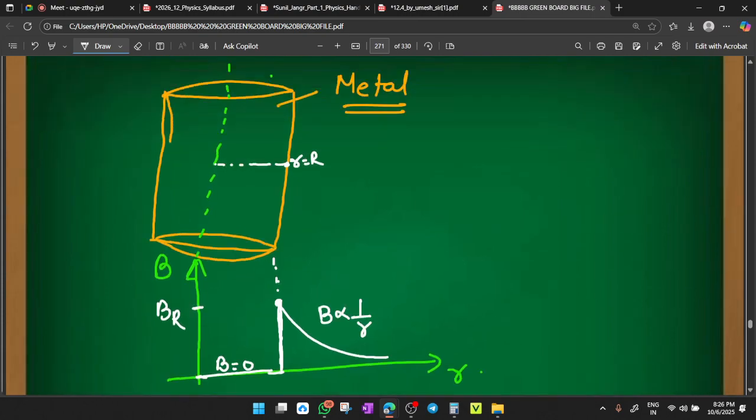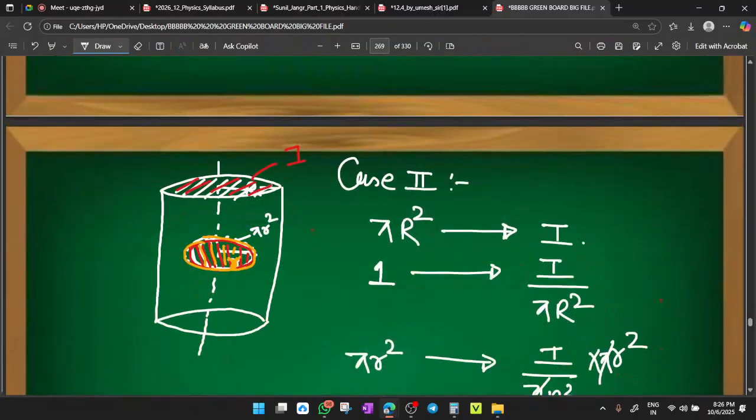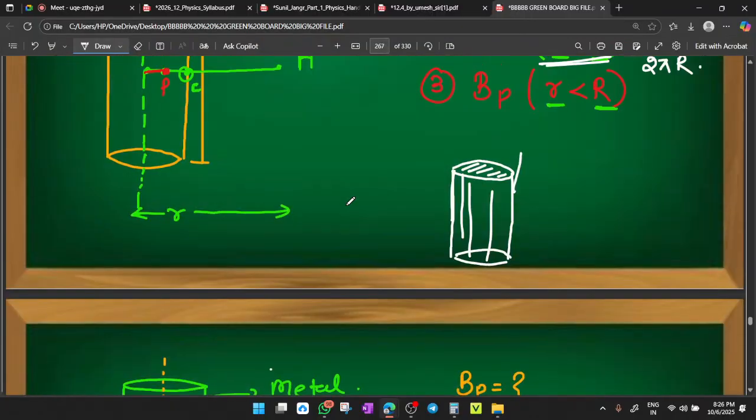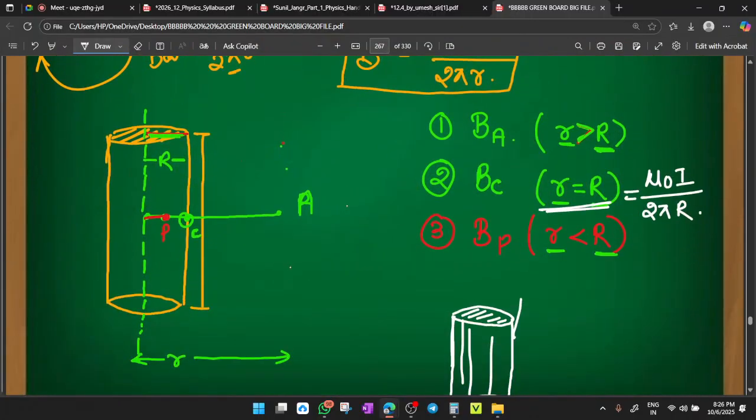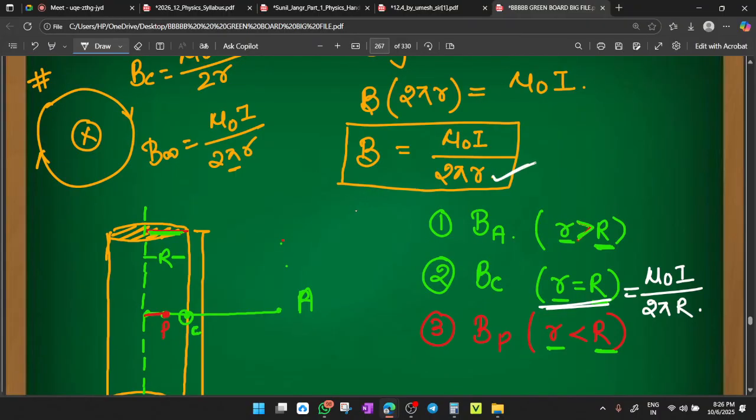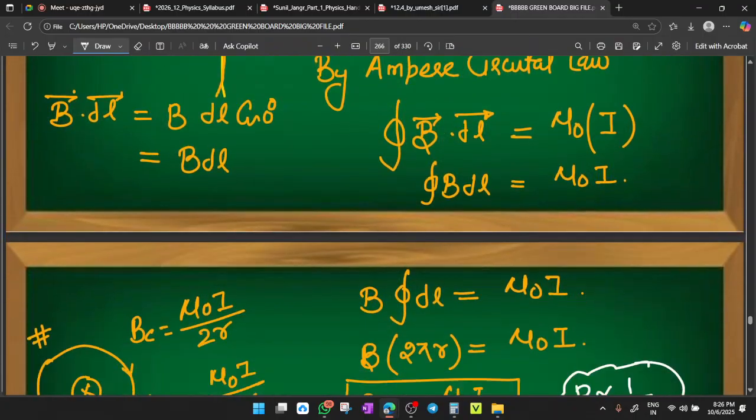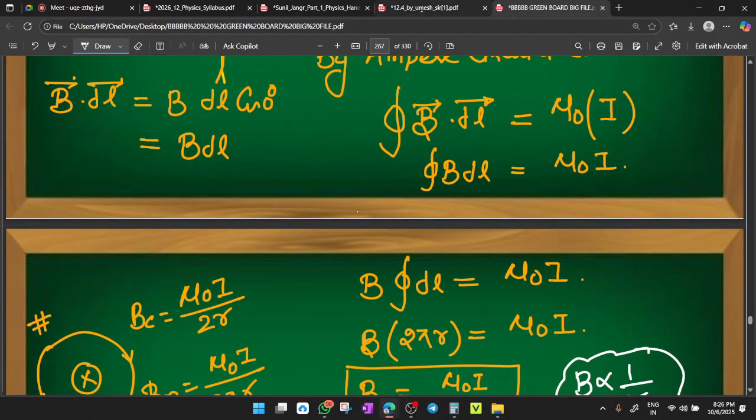B is inversely proportional to R because, when you are outside the loop, we have derived B equals mu naught I upon 2 pi R, which means B is inversely proportional to R. Yes or no? Yes.